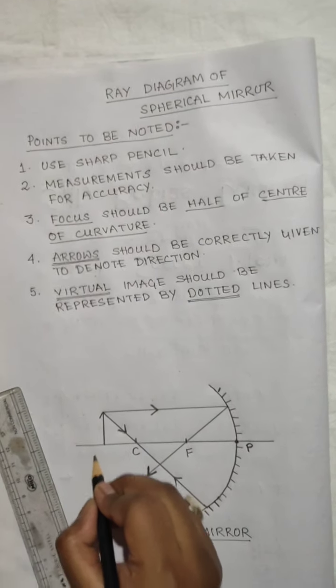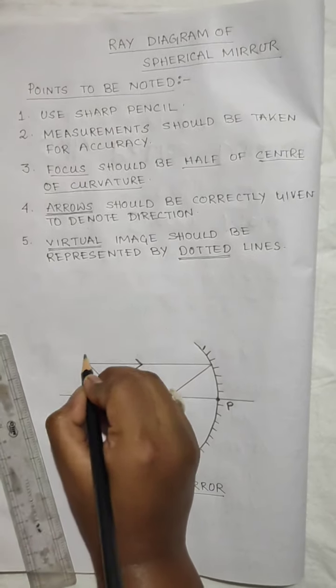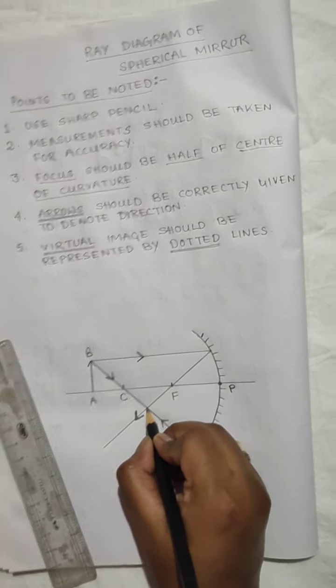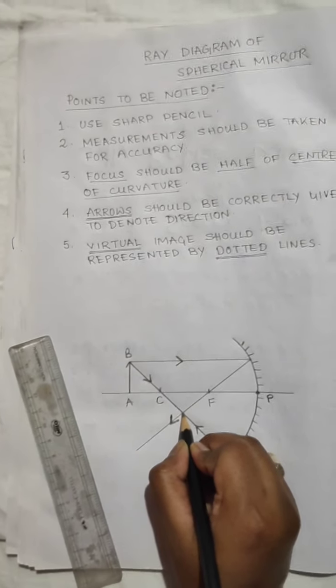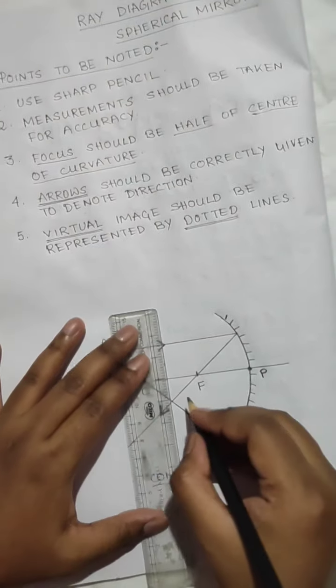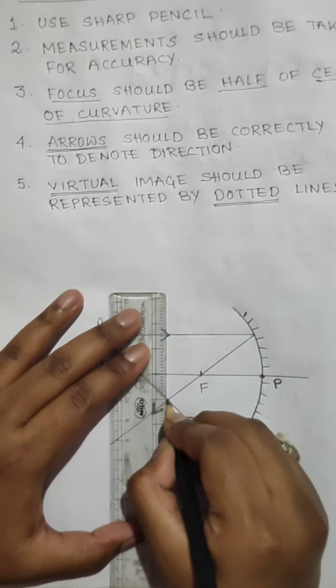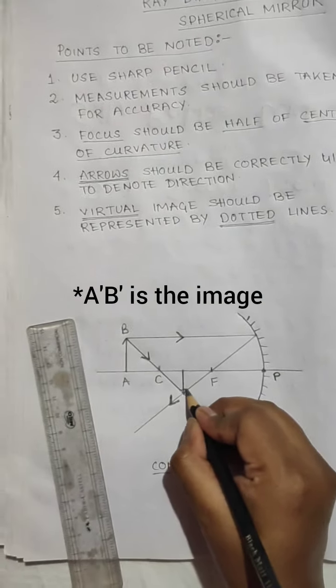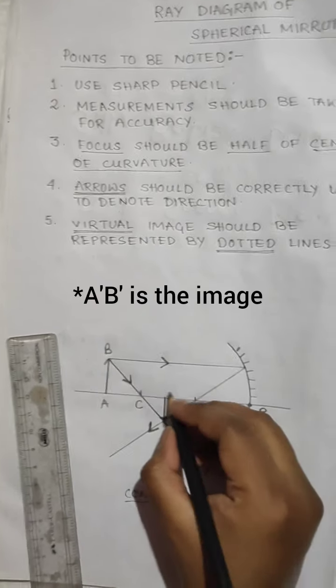So this is the object, say AB. The image of the object will be formed at the point where the center of curvature and the focus meets. And this is an inverted image. Now since this image is formed, here is the arrow. So this image will be inverted.